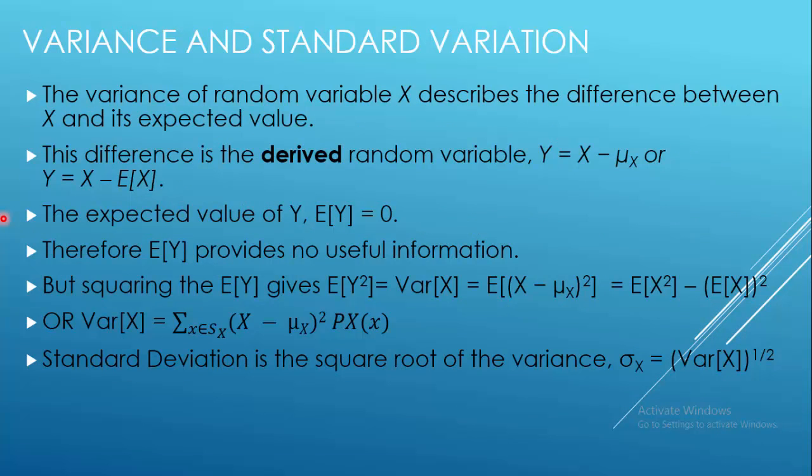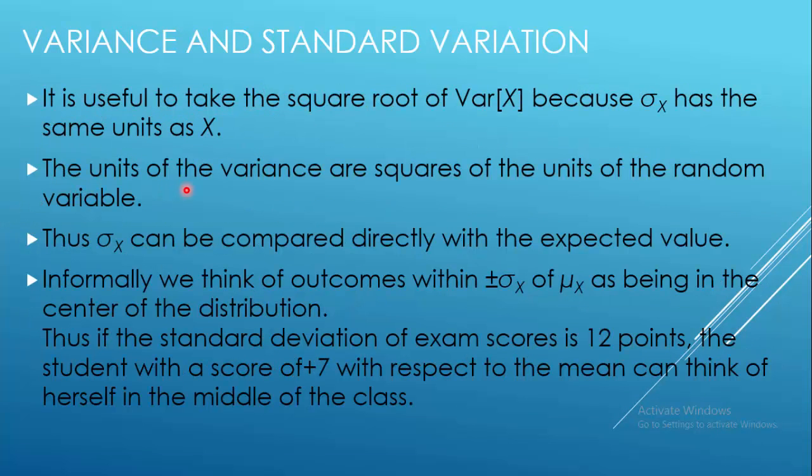So the units of the variance are the squares of the units of the random variable. Thus sigma x can be compared directly with the expected value. This standard deviation can be directly compared with the expected value, but the variance cannot be compared with the expected value.